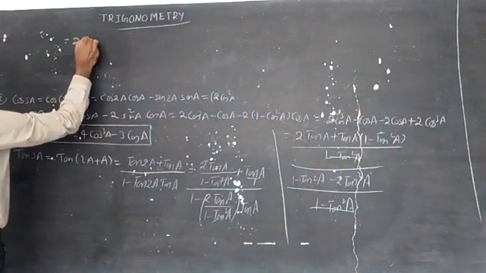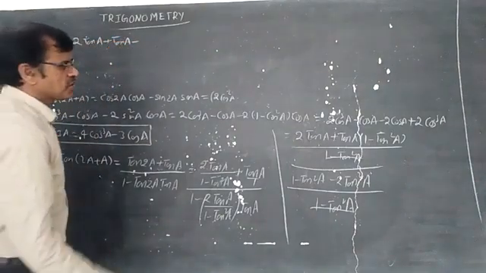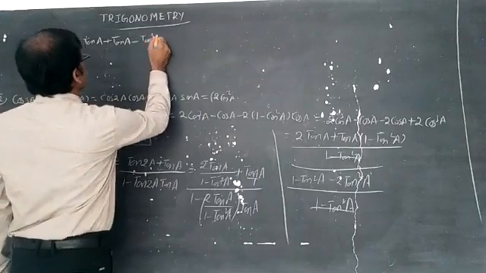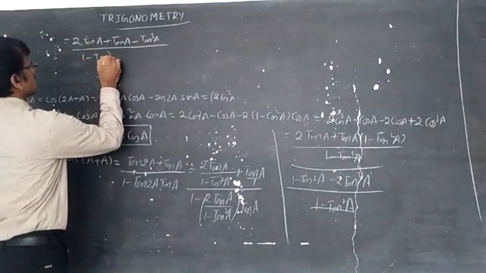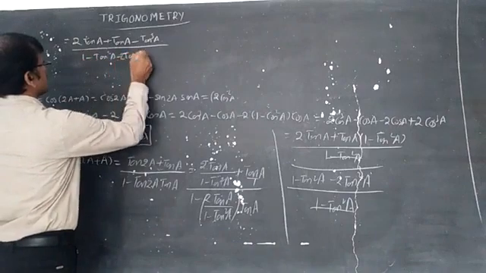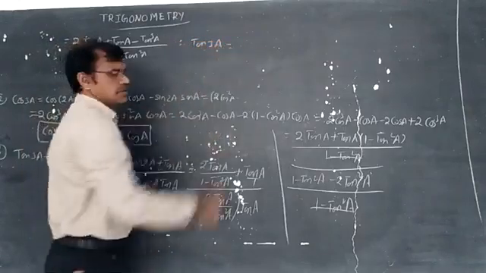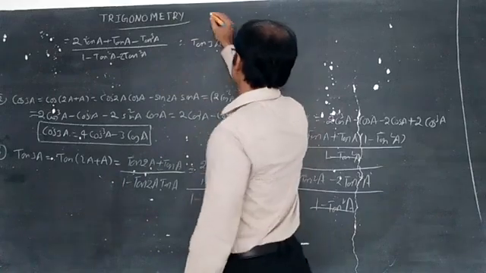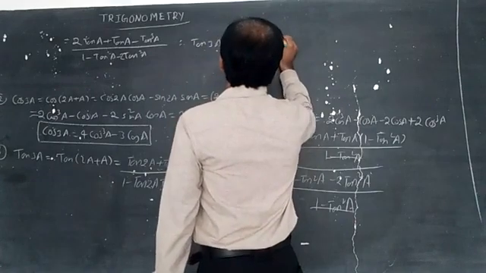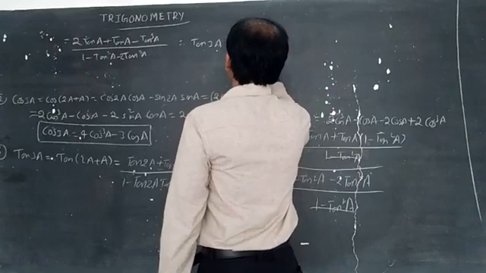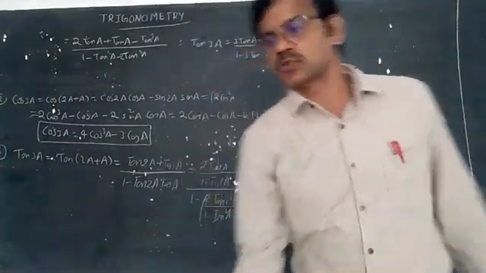Multiplying, 2 tan A plus tan A minus tan cube A, whole by 1 minus tan square A minus 2 tan square A. Therefore, write the formula: tan 3A is equal to 3 tan A minus tan cube A by 1 minus 3 tan square A.